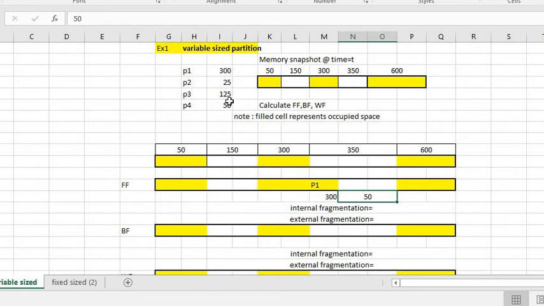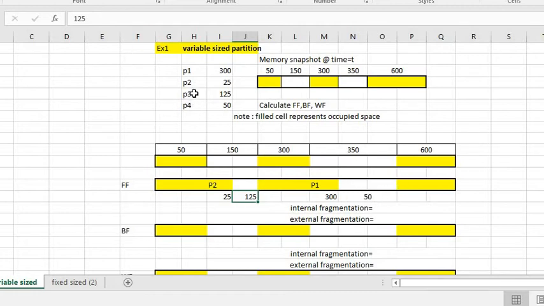It is possible to fit 25, so you could just allocate P2 over here. 25 memory space is required to accommodate P2, and out of 150, if you give 25, 125 free space will be generated. So now I have the first hole of 125 and the second hole of 50.